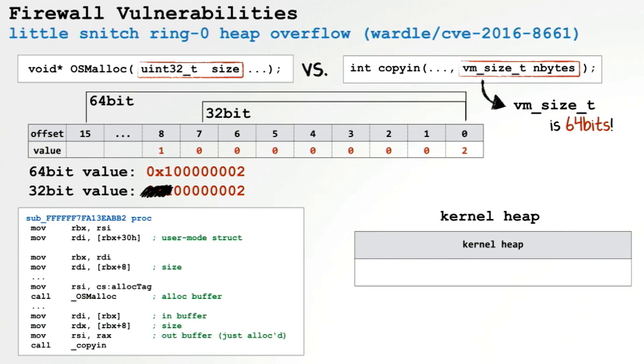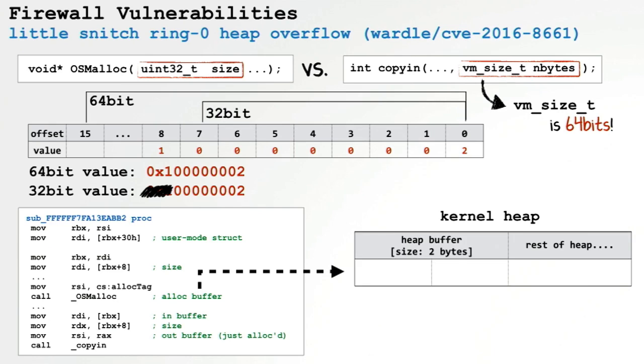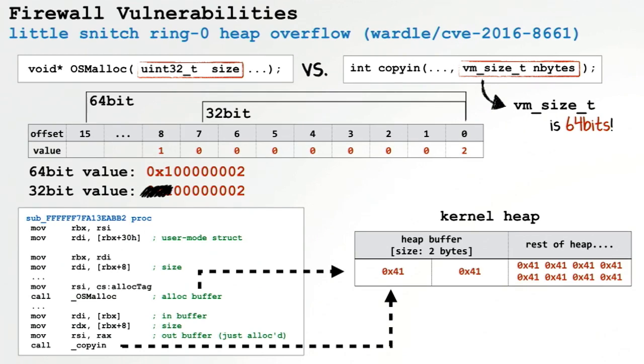Basically, it took a 64-bit value from user mode and passed this value to an allocation routine and then a copy routine. Now, the issue was the allocation routine expected a 32-bit value. So it truncated the 64-bit value. The copy, however, used the full 64-bit value, meaning we could cause a controllable mismatch between the allocation and the copy routine, giving us an exploitable heap overflow in the kernel.